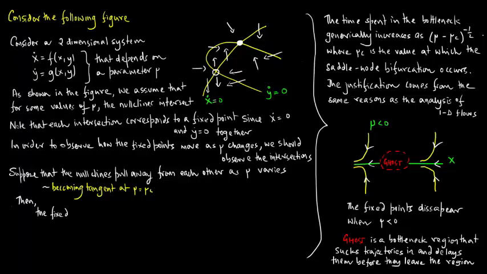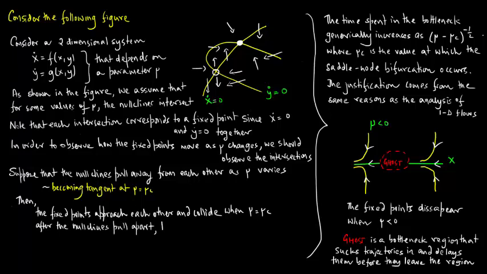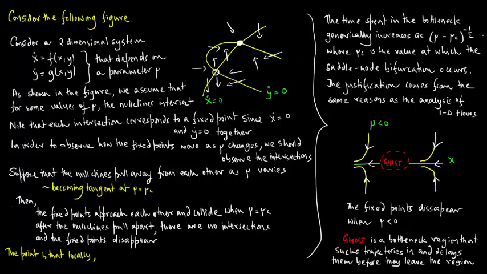Then the fixed points approach each other and collide when mu is equal to mu critical, and after the null lines pull apart, there are no intersections and the fixed points actually disappear. The essential point is that locally all saddle node bifurcations have this character. So let's consider an example.